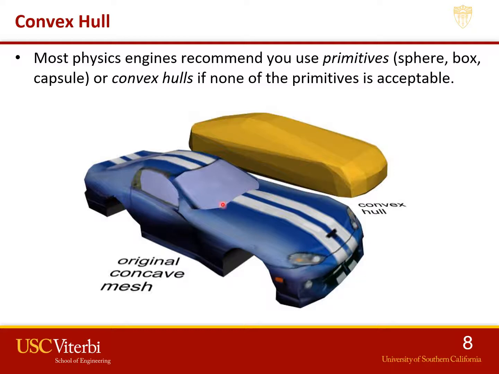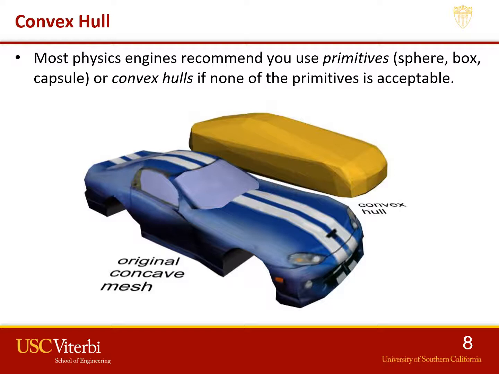For example, this car here has this interior angle right here, which is a concave angle where the windshield slopes down and then the angle of the hood scoops up and makes a concave shape. Just a little. If we build a convex hull around it, it might look something like this, and we just fill in those little divots that would be left. And that's something we can do very easily.